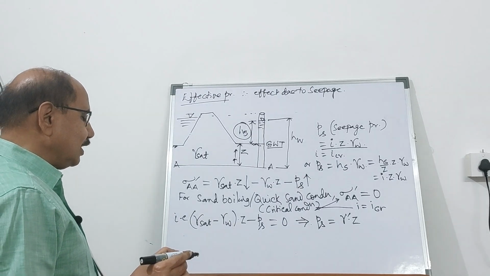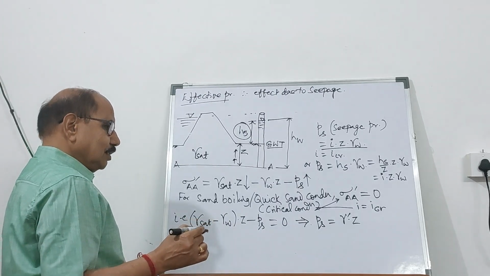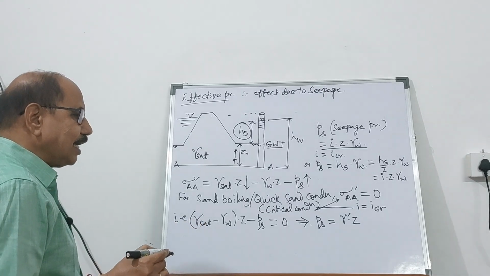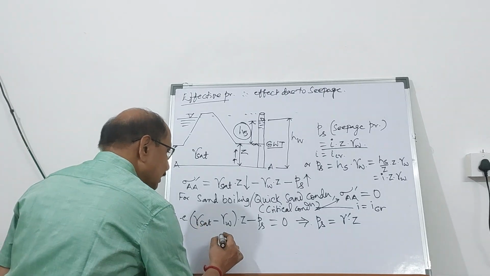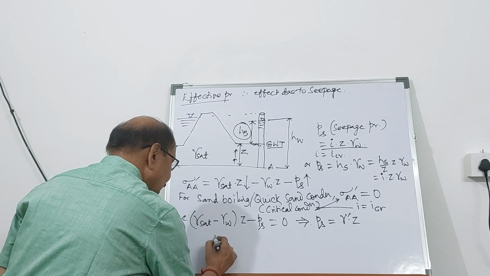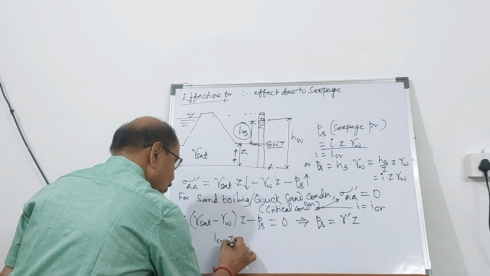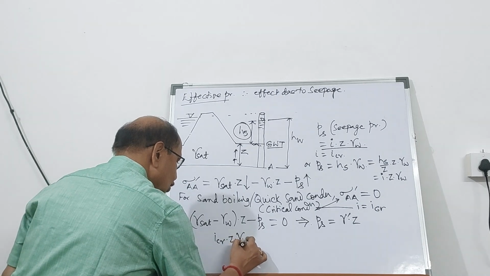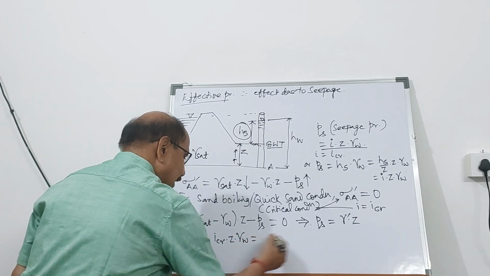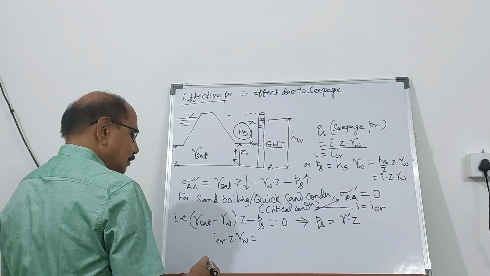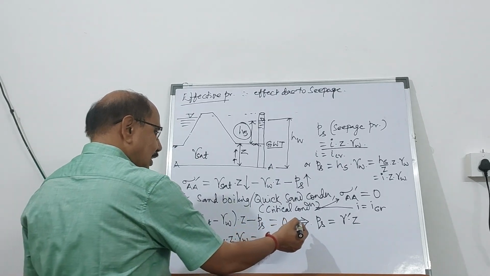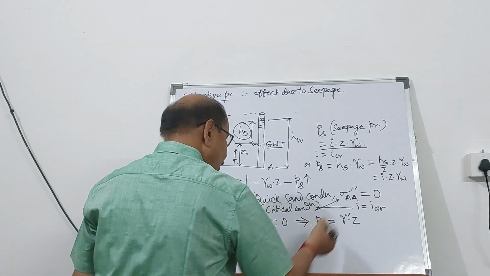So for the critical condition, I can say that PS equal to I critical into Z into gamma W, because the effective pressure at critical condition is going to be 0.